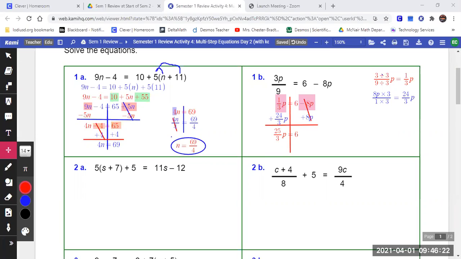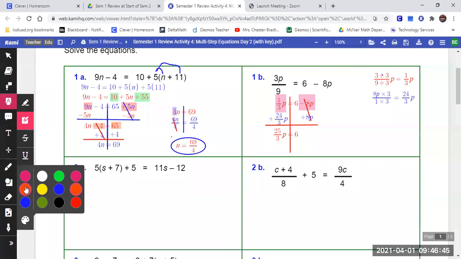We have to get rid of what's with the letter. What's with our letter right now? Let's go see. I have a 25 over 3p. And I need to make it go away.